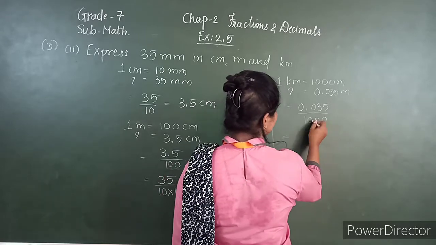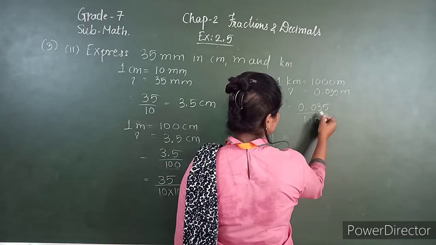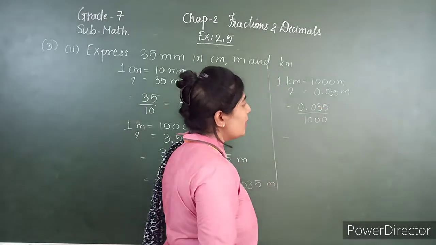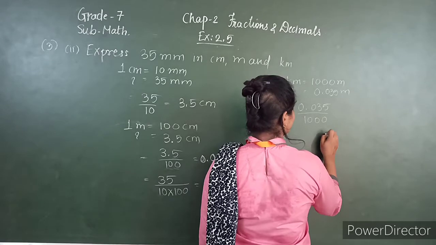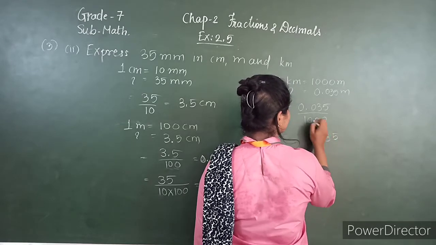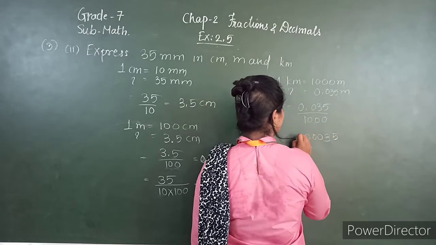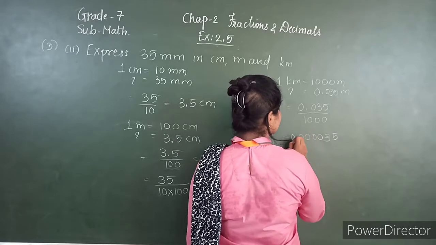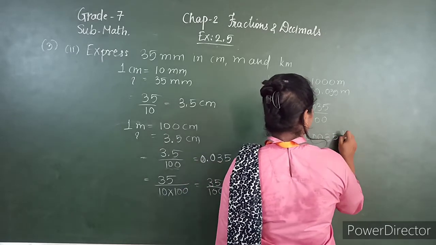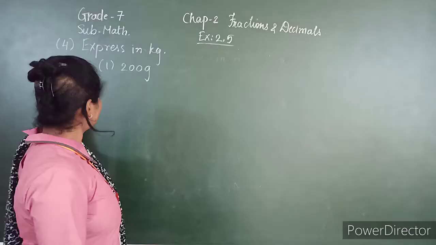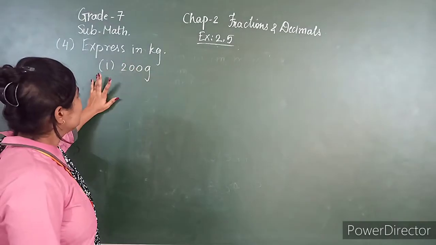Now here 3 zeros are there. 1, 2, 3, 4, 5, 6. So we have to put point before 6 number. So we write 5, 3, 0 and these 3 zeros, 1, 2, 3 and point. So our answer is 0.00035 kilometer.